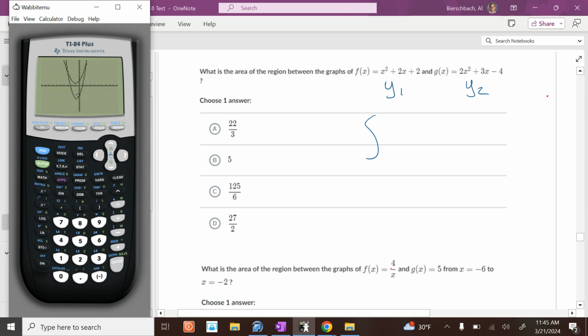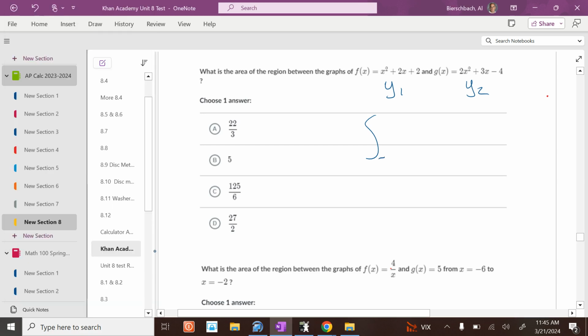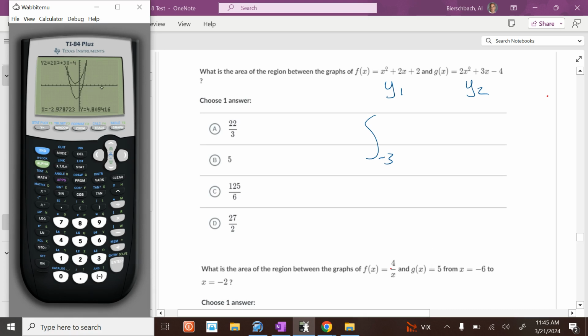So they're going to cross each other at -3, I think. So we trace to -3. And that's where they cross. So we go from -3, and then they also cross at, looks like 2, trace to 2.